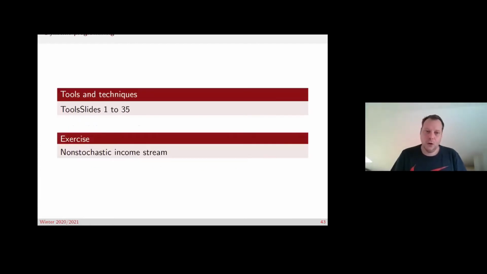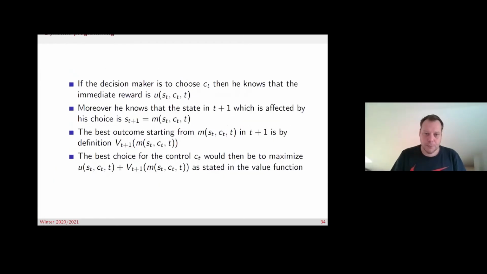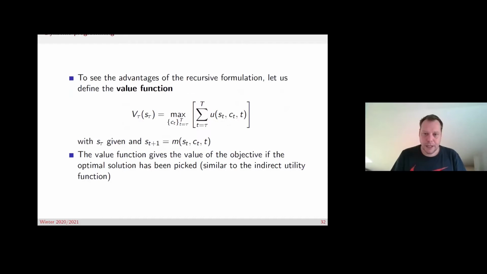So when you look at our initial problem, which was here, if we just get rid of the capital T and call this infinity, then obviously it could be a problem that the expression in the square bracket, the sum of all the contemporaneous utilities, is infinity, and it would be infinity for every control path.